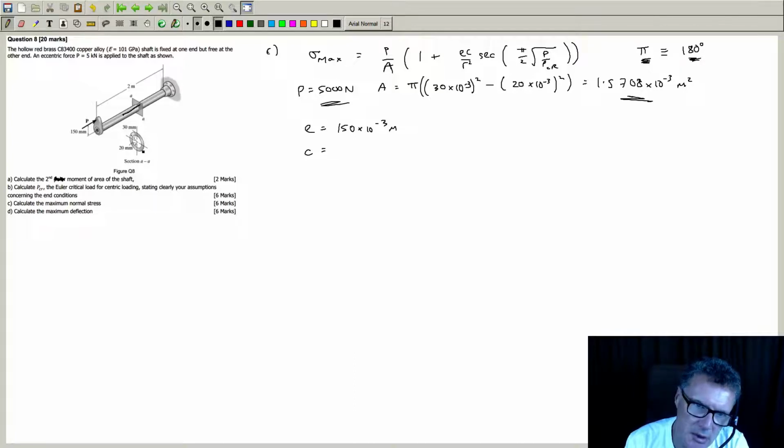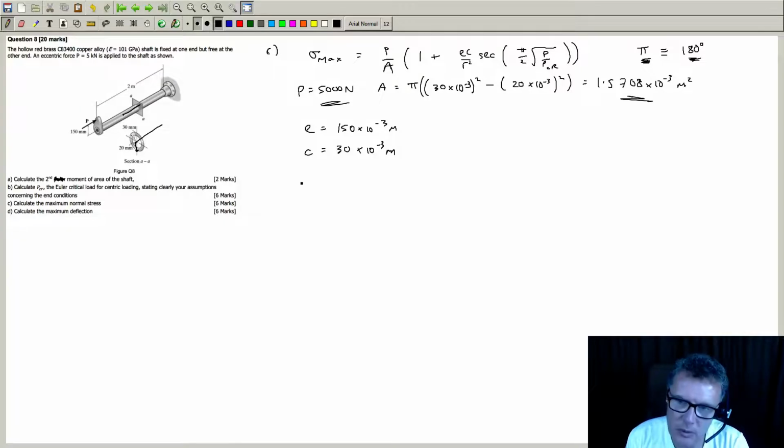So that's going to be in the middle to where we are expecting it to bend, and that will be obviously from this distance from here down to here. So the c will be 30 millimeters.